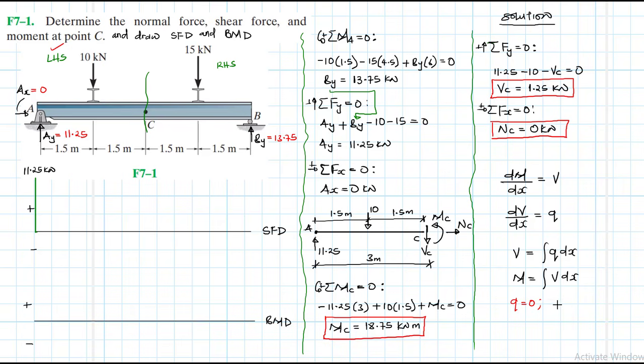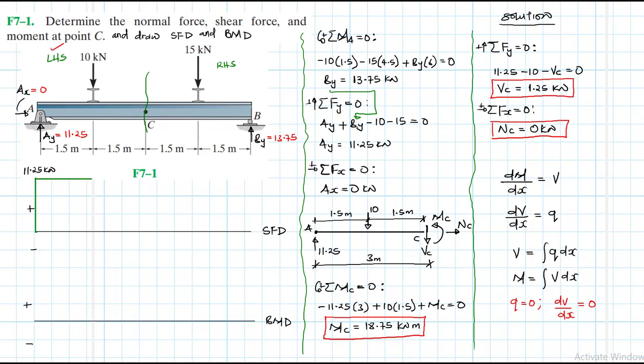And if our Q is equal to 0, then dV over dx is equal to 0. The slope will be 0 in that region. And that's the reason why we normally draw this straight line which has a 0 slope, like so.